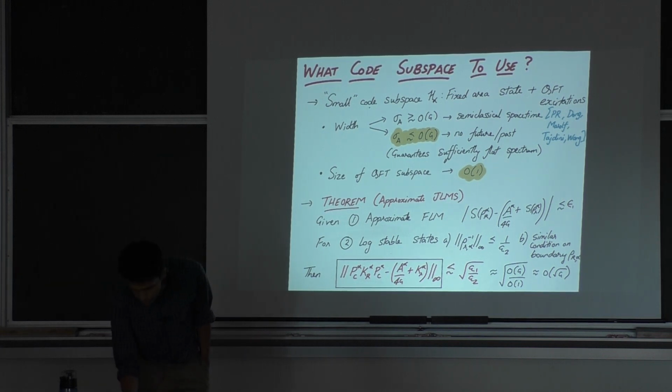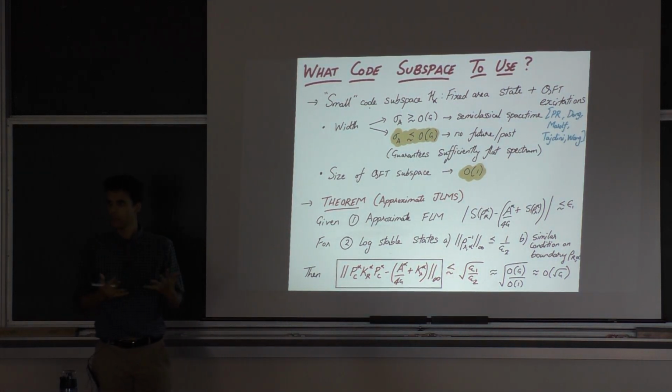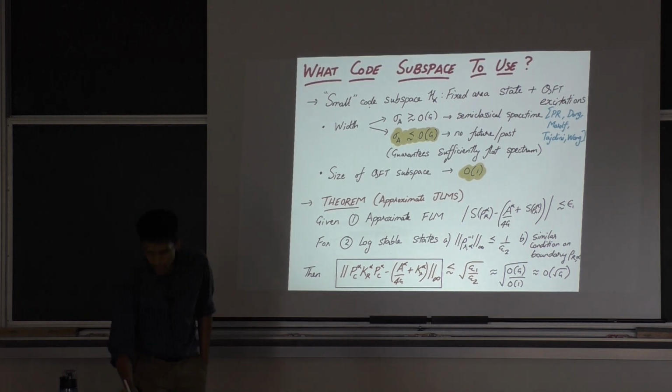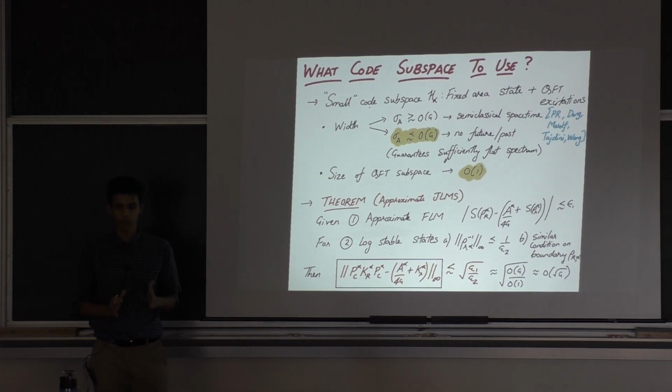And then we can prove this theorem, which is approximate JLMS in this fixed area code subspace, which essentially says that if you have something like approximate FLM, so you have some FLM formula with some error, and you use log stable states, which essentially say that you don't have too small eigenvalues either in the bulk or on the boundary, then you have this operator version of JLMS up to some order square root G errors. So within this, it's pretty straightforward to prove that you have this approximate version of JLMS.